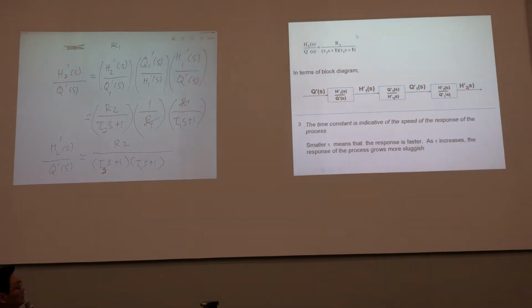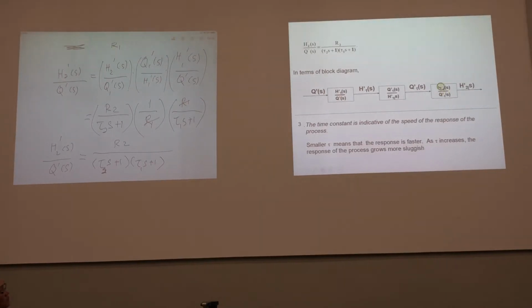In summary, this is the form that we have. Remember tank 1, the output is H1 linked to Q, right? Between Q1 and H1, you have this transfer function. Between the level in tank 2 and Q1, you have this transfer function.